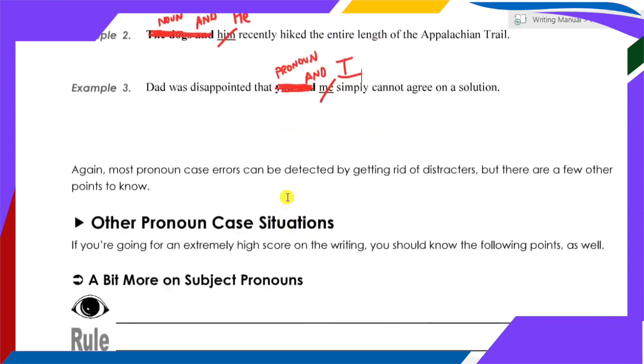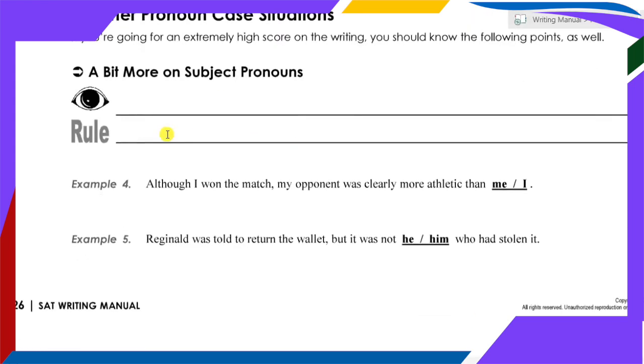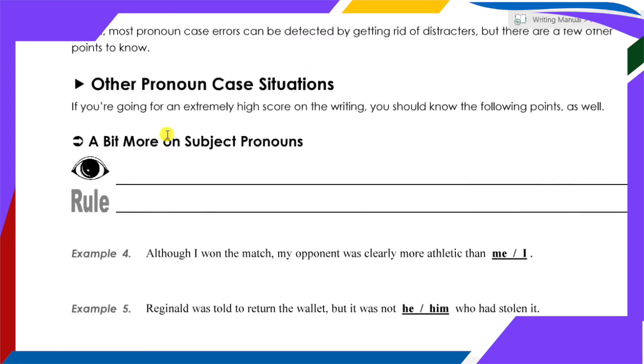If you are going for an extremely high writing score, let's say 700 or above, you probably are going to need to know a little bit more about some of these pronoun cases. So some of the trickier things that ETS can do, that's what we're going to discuss right now. In terms of subject pronouns, one of the things that ETS can do is the following.